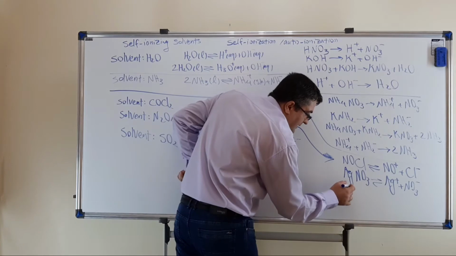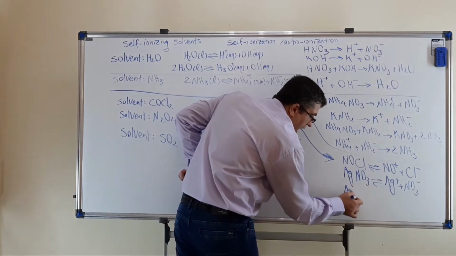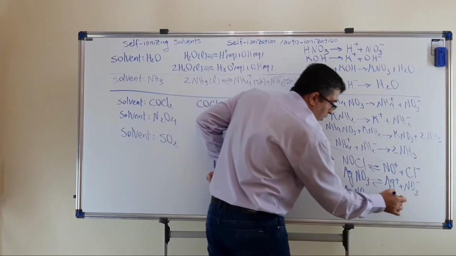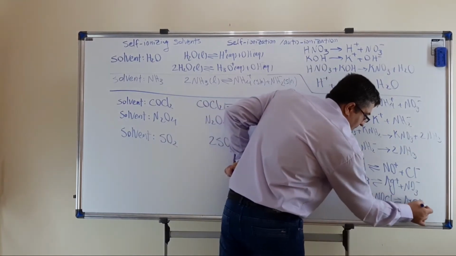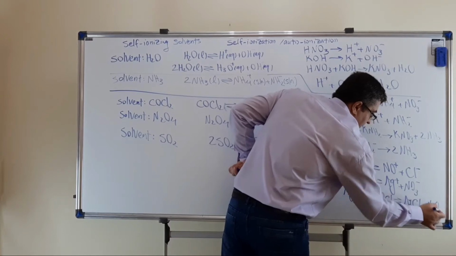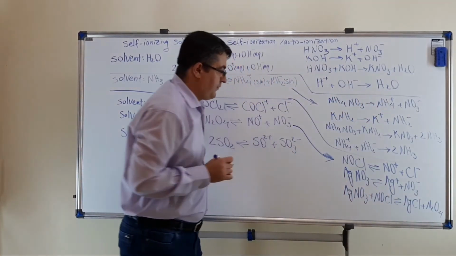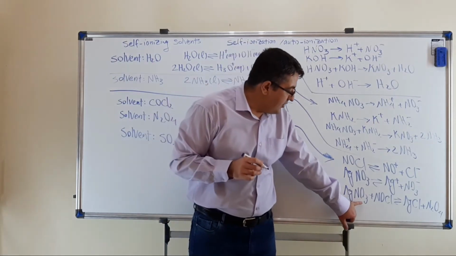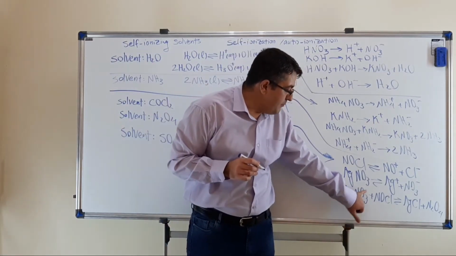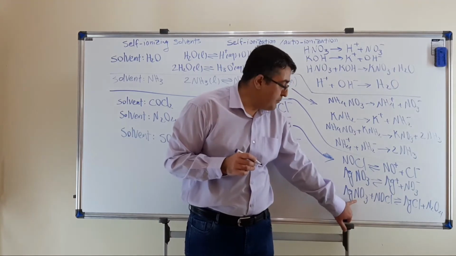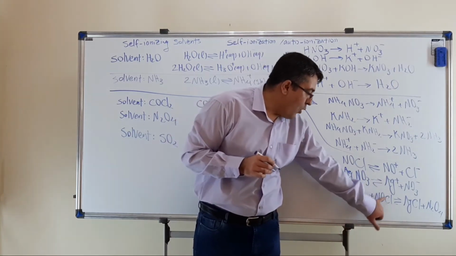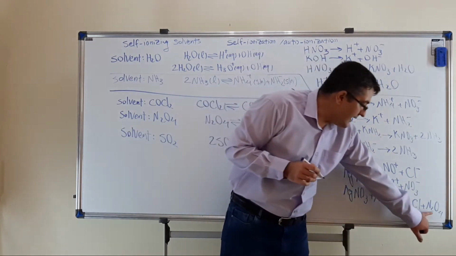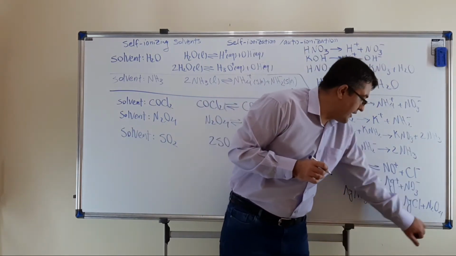And we can have acid-base reactions like this in N2O4. Reactions which may be assumed as reaction between NO3-, the characteristic anion produced by base, and NO+, the characteristic cation produced by acid, yielding solvent as one of the products.